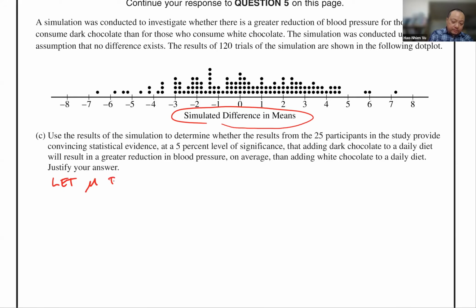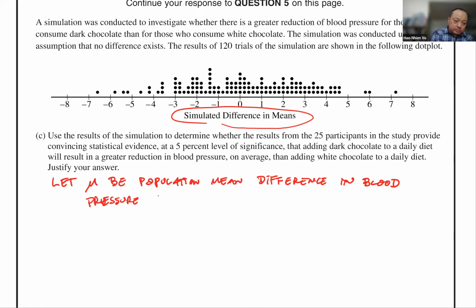We're going to define our parameter. Mu is a population mean difference in blood pressure. And since it's a difference, we need to define which way we're subtracting, right? So according to this, it's dark chocolate minus white chocolate.